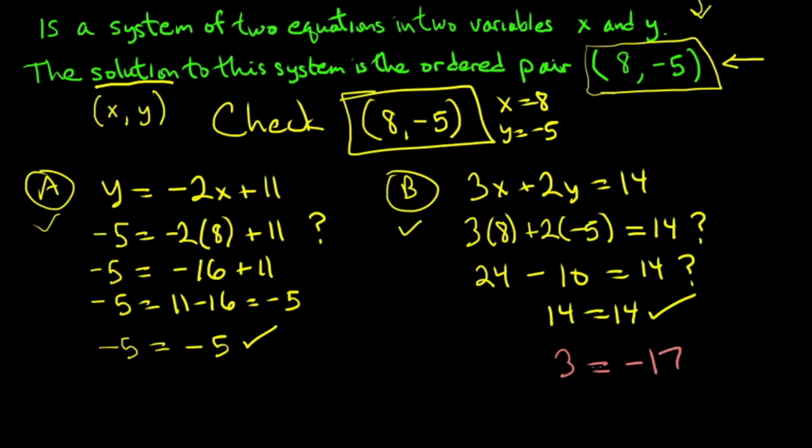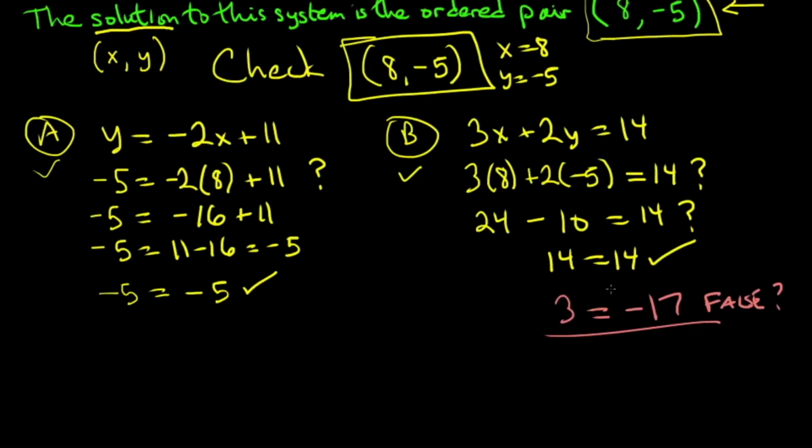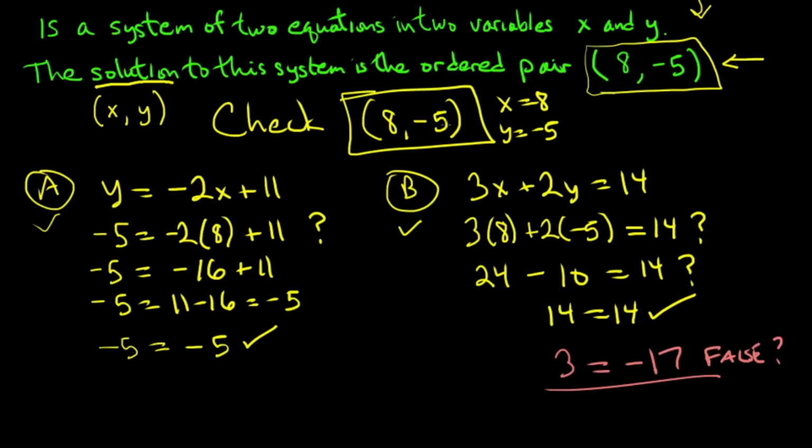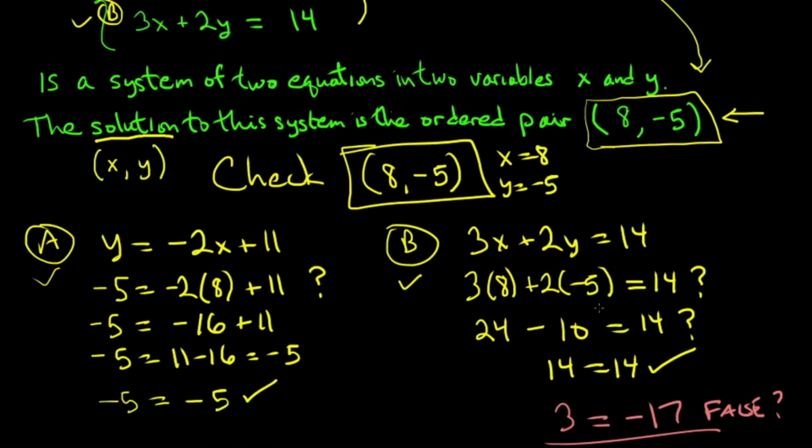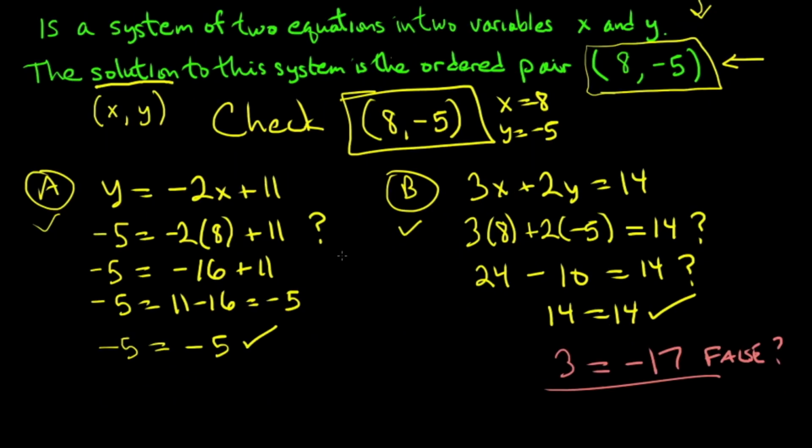Well, 3 does not equal -17. This is false. So if you get something like this, you know that it's possible you did something wrong when you solve the equation, or it's also possible that you didn't do anything wrong, but that the equations might not have a solution, and we'll talk about that a little bit later.